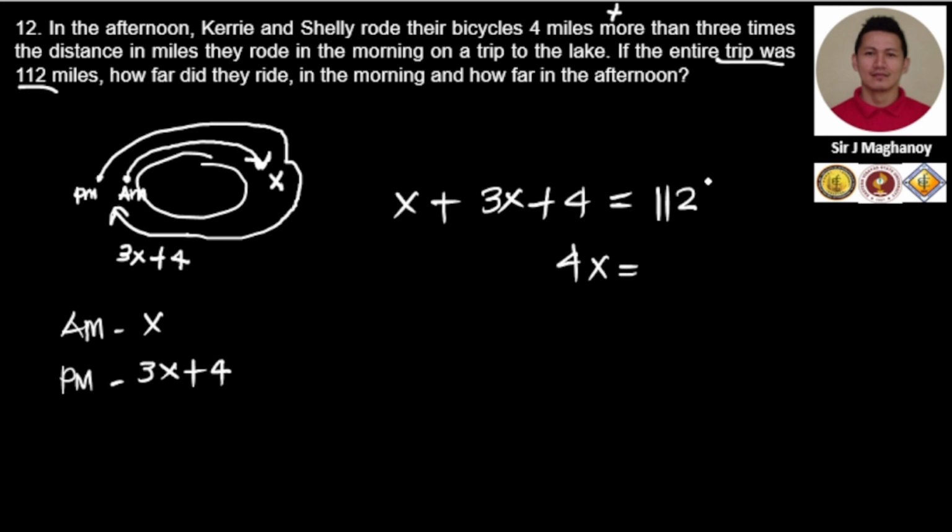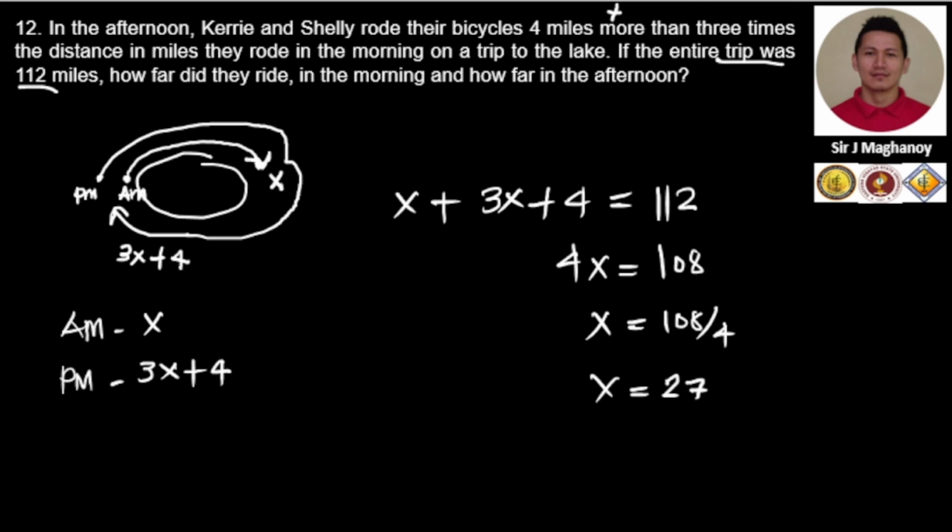We transpose to the other side, that will be 108. Therefore, x is 108 over 4. Finally, x is equal to 27. So in the morning, they travel 27 miles.